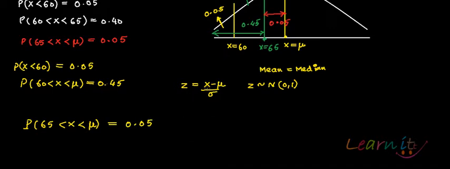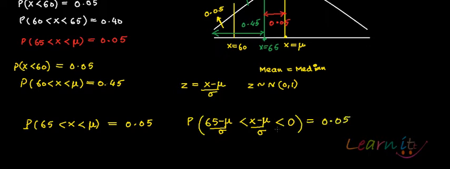When x is equal to 65, z becomes 65 minus mu upon standard deviation, and when x is equal to mu, z becomes 0.